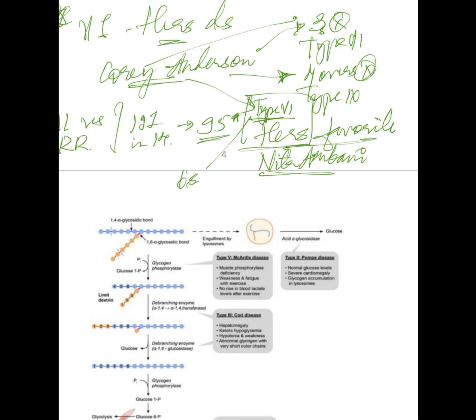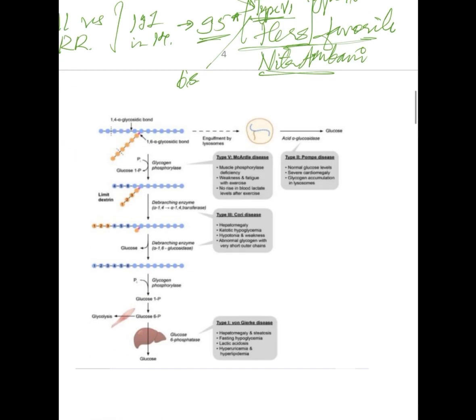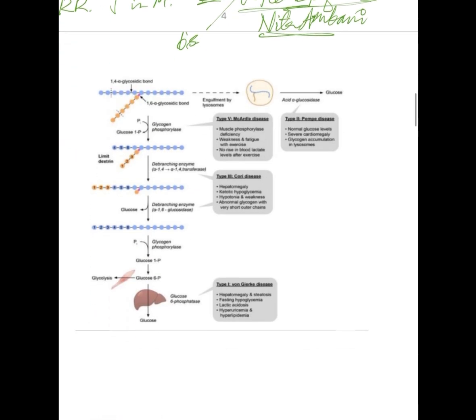These are the few important things you need to know about glycogen storage disorders. So what are some clinical clues that they will give? As I had told you, Pompe's disease will have cardiomyopathy, and also presents with normal glucose levels, and there is glycogen accumulation in lysosomes. Other than that, what will you remember with Cori's disease, von Gierke's disease and McArdle's disease?